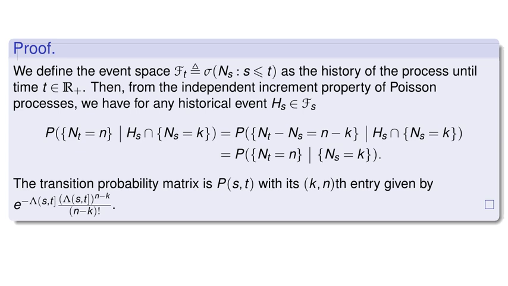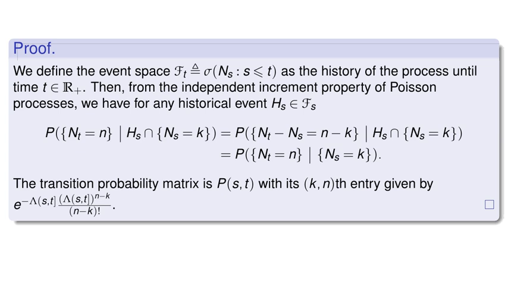Then, due to the independent increment property of Poisson processes, for any historical event H_s in F_s, the probability that N_t equals n given H_s intersected with N_s equals k is simply the probability that N_t minus N_s equals n minus k given H_s intersected with N_s equals k. Because of the independent increments, this simplifies to the probability that N_t equals n given N_s equals k.